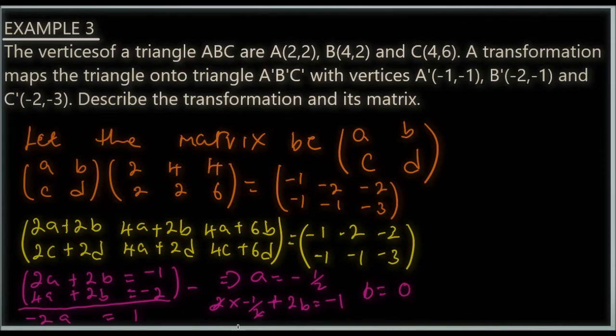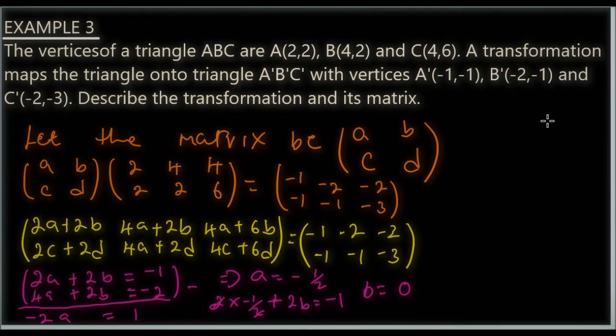So we have obtained a and b. What remains now is to work on c and d and see what we get. We now take 2c plus 2d, it should be equal to the corresponding element, that is -1. And we take the second one, 4c plus 2d is equal to the corresponding element, which is -1.